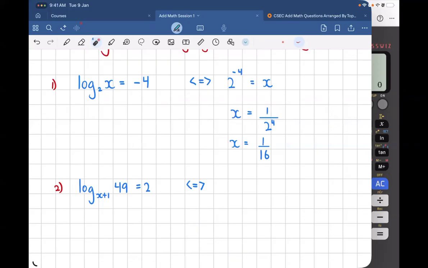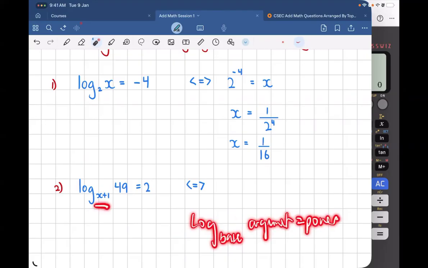We understand that it's always log, base, argument, and then power. So in other words, wouldn't I have to raise the base to the power to get the argument? Isn't it always base to the power, and that would give you the argument in the index form?